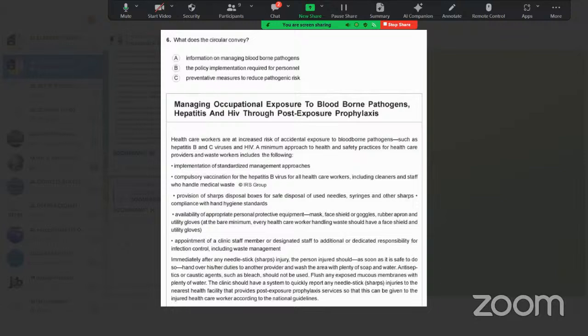And next, availability of appropriate personal protective equipment. This is also for prevention. Protection means prevention. So everywhere it is talking about prevention, preventive measures. So C is the right answer. The circular is talking about preventive measures, protection measures.